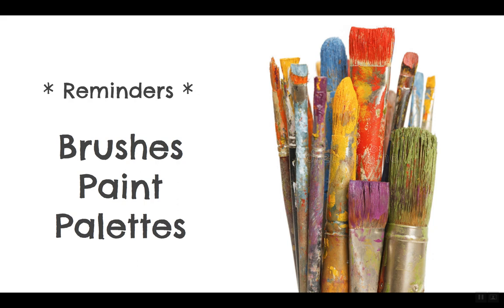Also, lids of those containers, or foam trays from meat, if you washed them with soap and water, make good paint palettes as well. So find something good that you like, and also don't remix your colors every single time. Try to keep them by either covering them, even with saran wrap with a little wet paper towel in there, or put them in a container that has a lid. But let me know if that's not working for you. I can give you some suggestions.